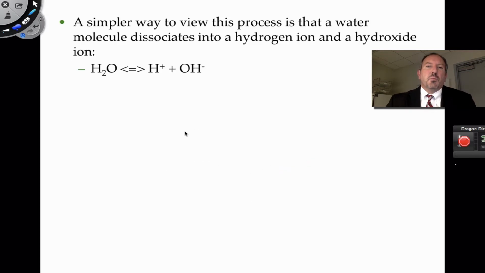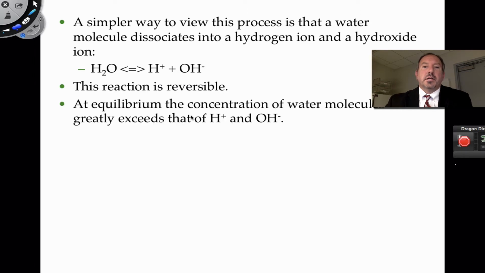And so a simpler way to approach this is to say that one water breaks down into an H plus and an OH minus, although that isn't really the case. But these would be equal. The reaction's reversible. You can go back to water. And so, as it turns out, at equilibrium, the concentration of water molecules is way more than hydronium and hydroxide ions.